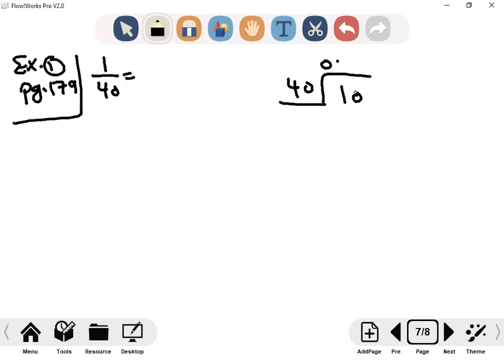0.0. Can the 10 be divided by 40? No. Give me a number you multiply with 40, the answer is 10.